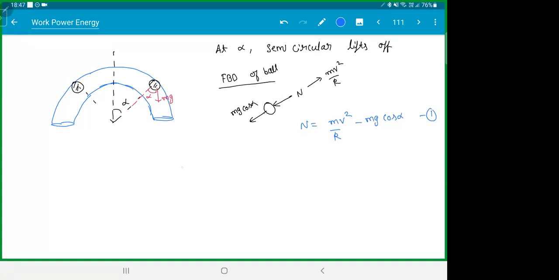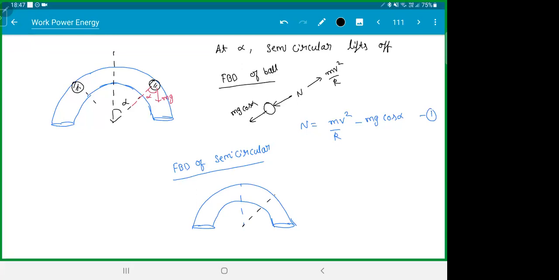Now you draw the FBD of the semicircular one. On this semicircular one, the same normal reactions will act like this.